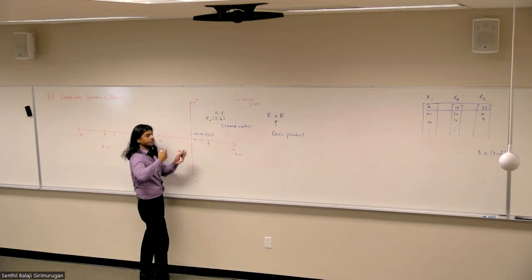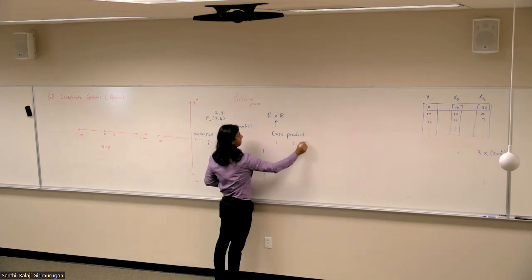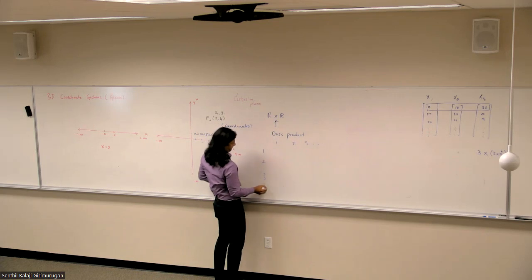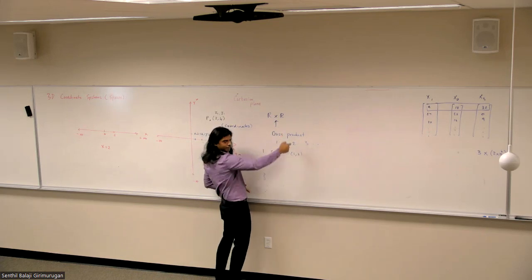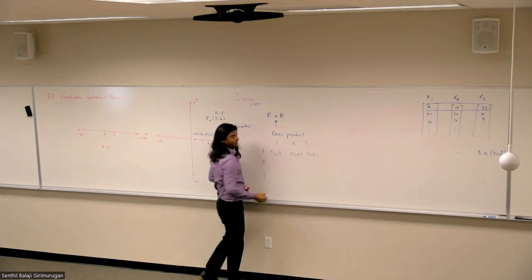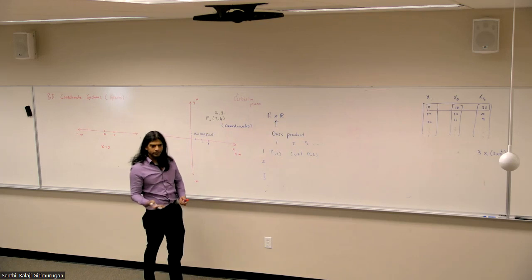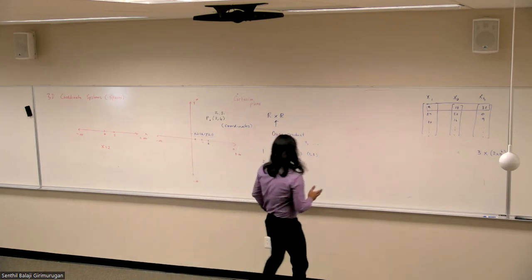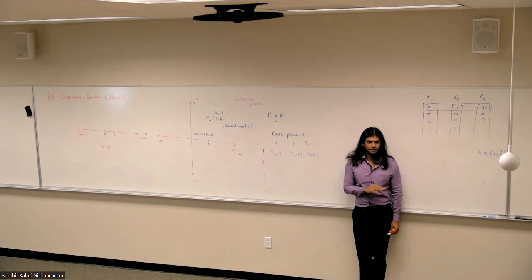Right? We call it a cross product. 1, 2, cross, 1, 3. And if you do it for all real numbers, I can't write this out, which is why I simply picked whole numbers. That's a simple definition of just a basic Cartesian cross product.